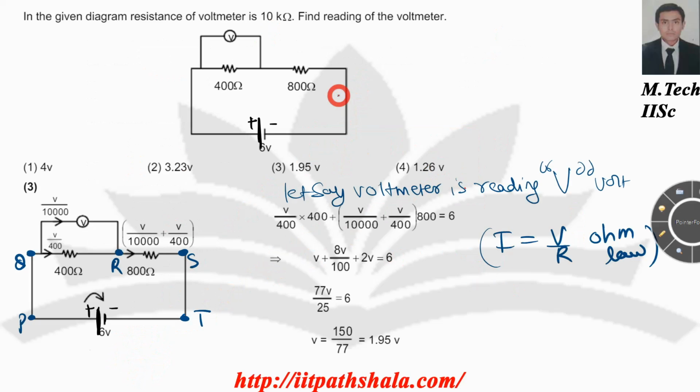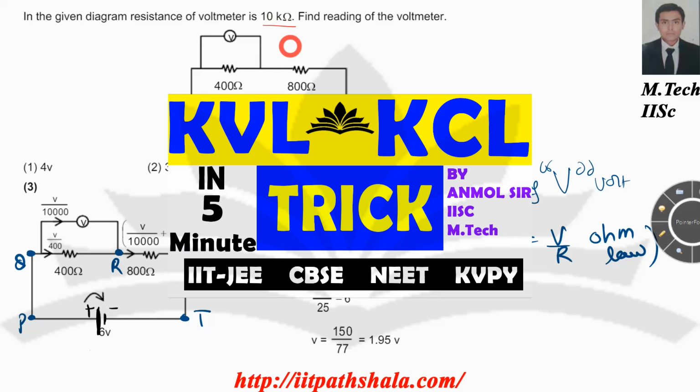Let us move to the next question. So in the following diagram, you have to find the reading of the voltmeter, where the voltmeter is carrying a resistance of 10 kilo ohm. Okay, so you can pretty much do it by using the KVL and KCL method. So if you haven't seen my KVL and KCL video, the link is under the description. Please check it out.